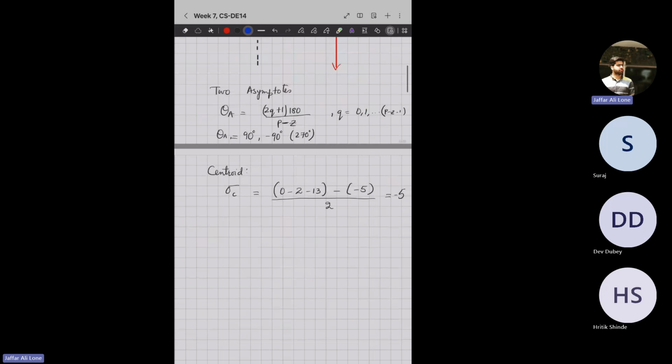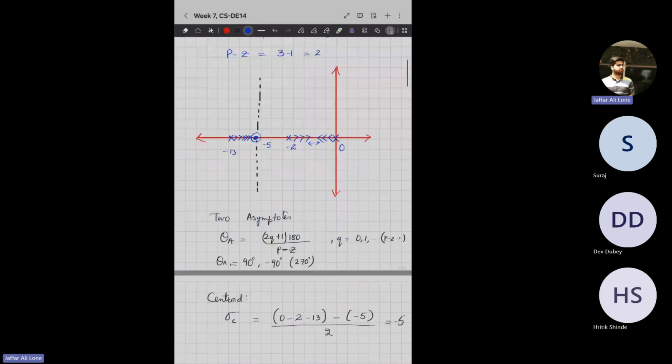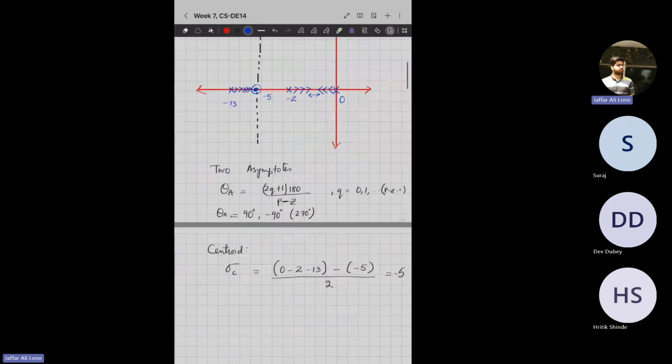We find the expression of k and differentiate it, put it equal to 0, find the value of s, then see whether that is a valid breakaway point or not, because for a valid breakaway point, it should lie on the root locus.